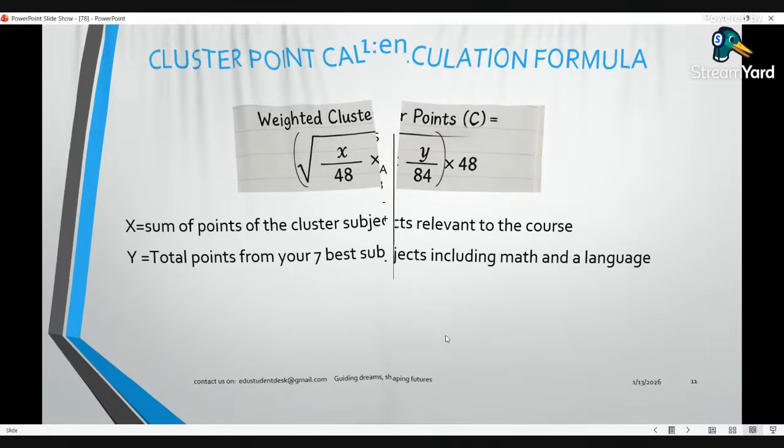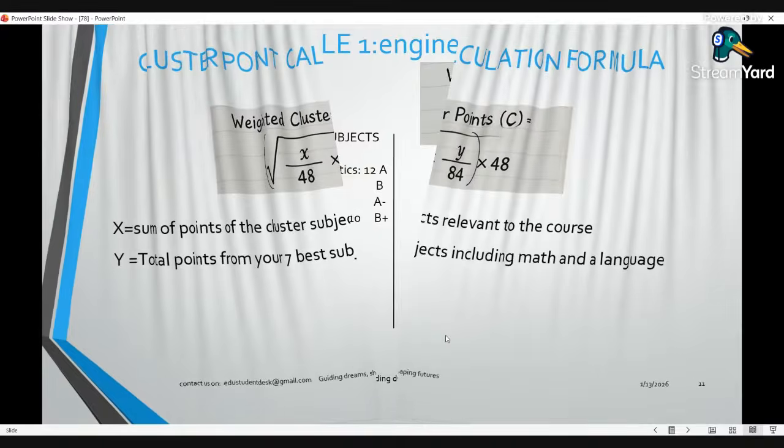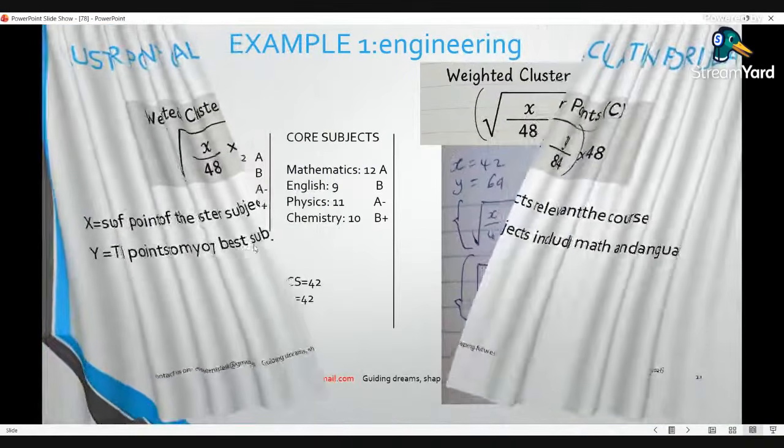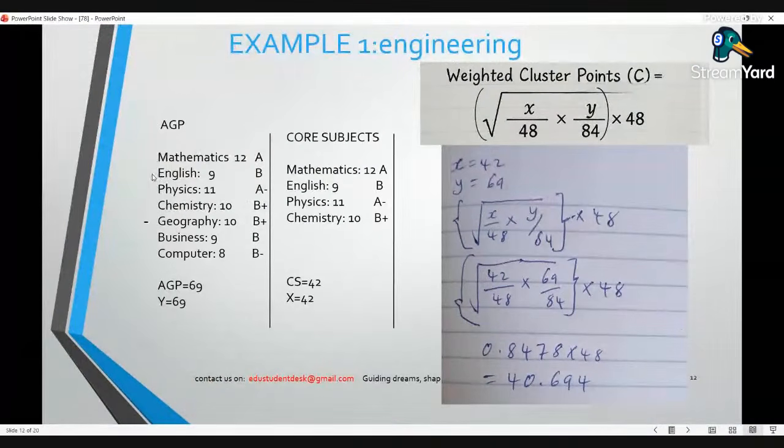For example, these are marks for a student. He wants to pursue a course in mechatronics engineering. So mathematics, he got an A, English B, physics A minus, chemistry B plus, geography B plus, business B, computer B minus.